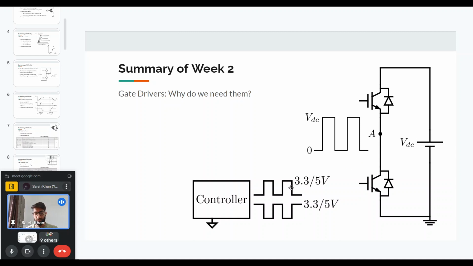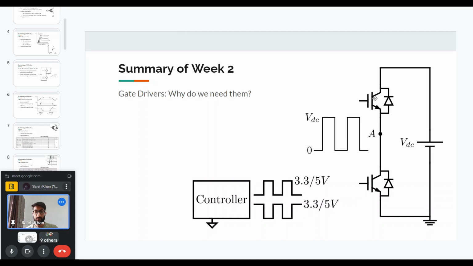And another problem: if you see the controller, it will be one circuit with a ground. And if we are driving multiple switches, for example here we have a half bridge, we have a high side switch. The high side switch is the one whose drain or collector is connected to the DC bus. And the low side switch is the one whose emitter or source will be connected to the ground portion, or the negative of the DC bus.